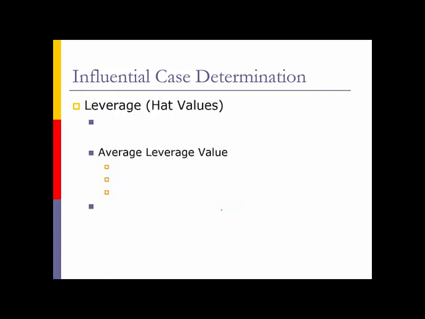Next one is our leverage, or our hat values. This is also a way to gauge the influence of our observed outcome versus our predicted outcome.